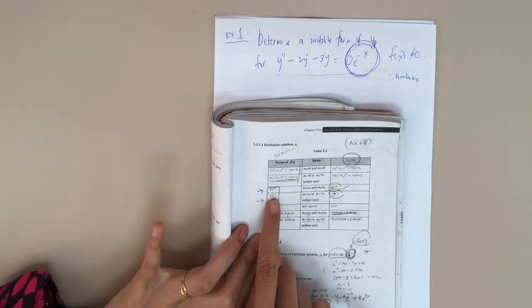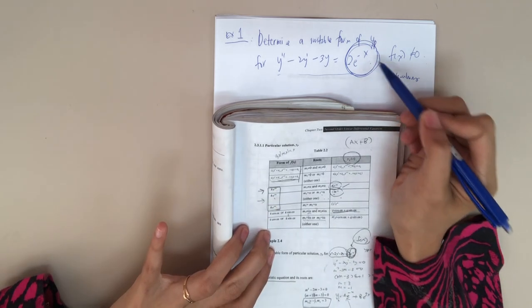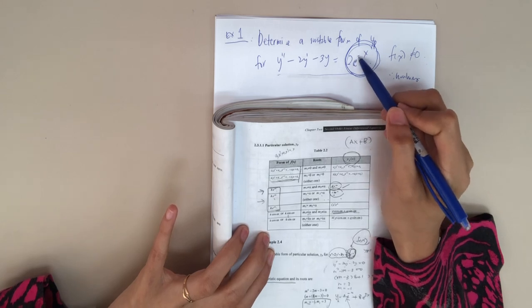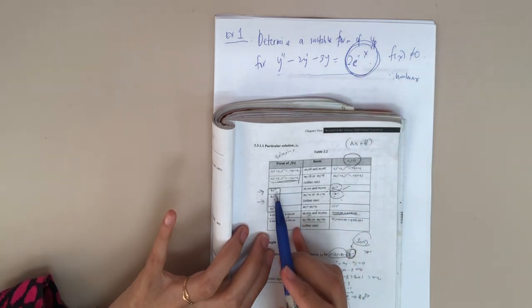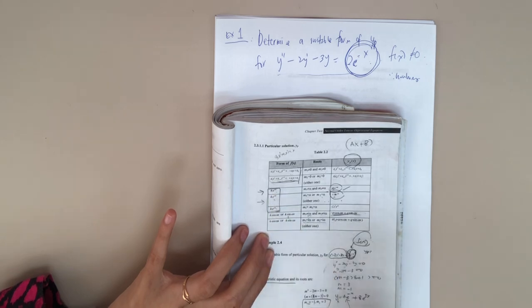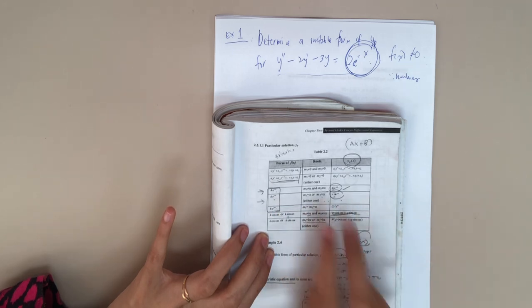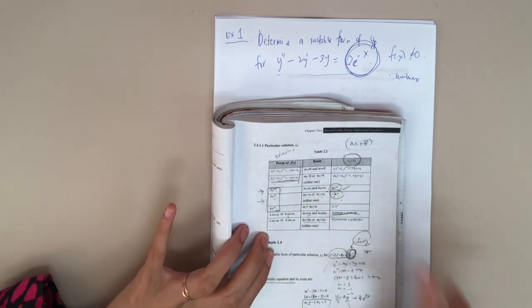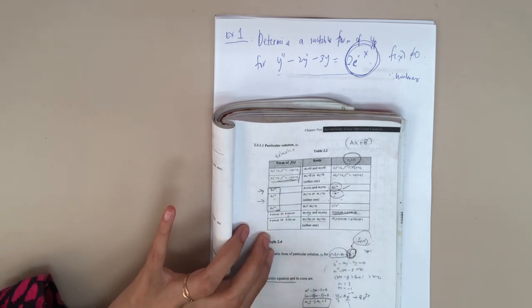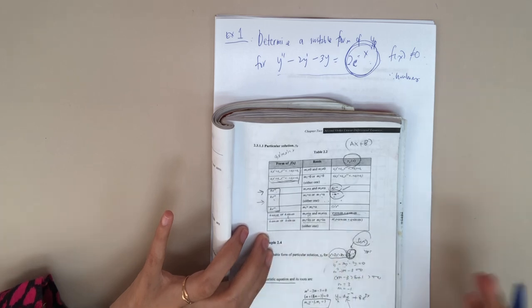If your fx is exponential, like our example now, you need to refer to these 3, which are rows number 3, 4, and 5. Which one we choose, I will explain later. And the last 2 are for when your fx is in terms of trigonometry, sine or cos.